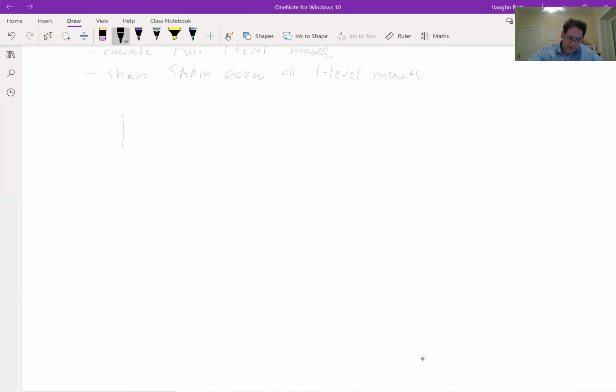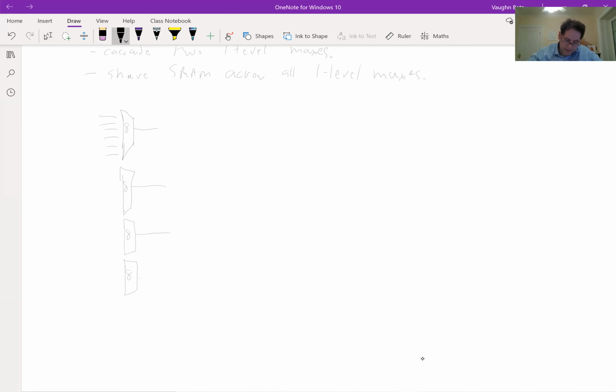Okay, so let me show you what I mean by that. If we have a 32-to-1 mux, I'm not going to draw all the individual pass transistors, but you can see them in the notes if you like. We can do that as an 8-to-1 mux, and repeat that 4 times: another 8-to-1 mux, another 8-to-1 mux, another 8-to-1 mux.